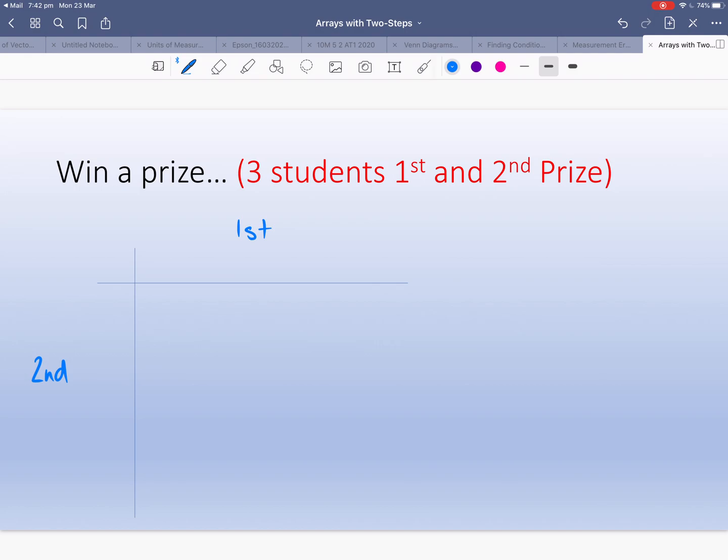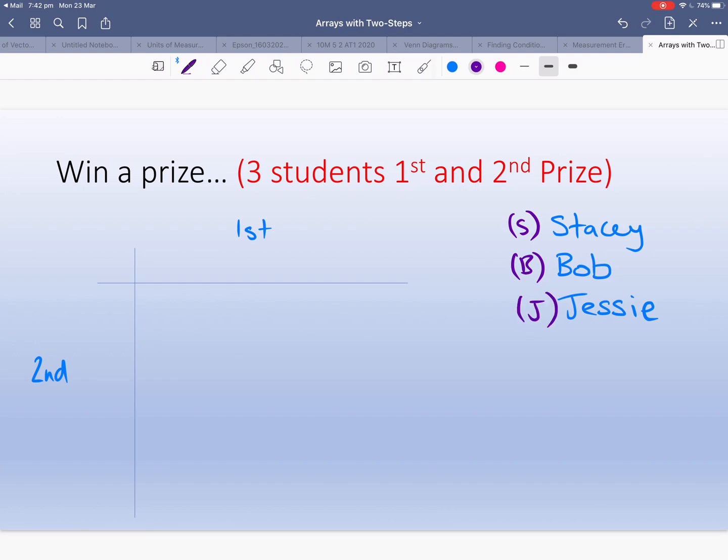And there's 3 students, so let's give them names. Stacy, Bob, and Jesse. So we've got 3 people, and I'm going to use just their first letter to describe them.